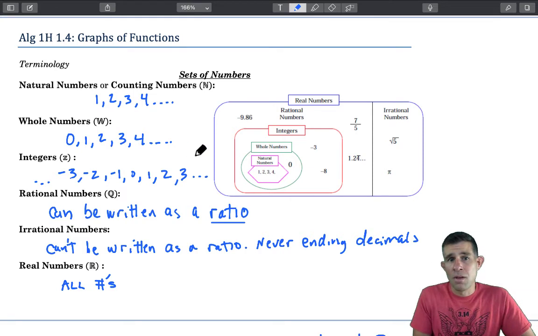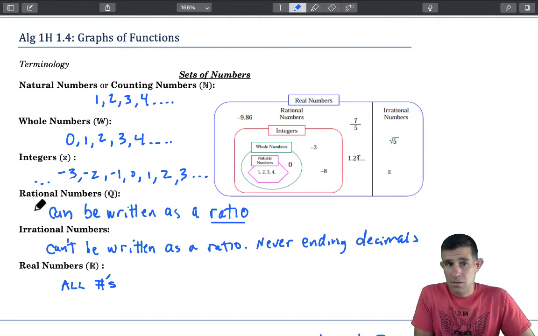Next up is our whole numbers, which are our natural numbers including 0, so now we start counting at 0. Integers are next, which are both our positive and negative whole numbers, so that includes -4, -3, -2, 0, 1, 2, 3, and so on.